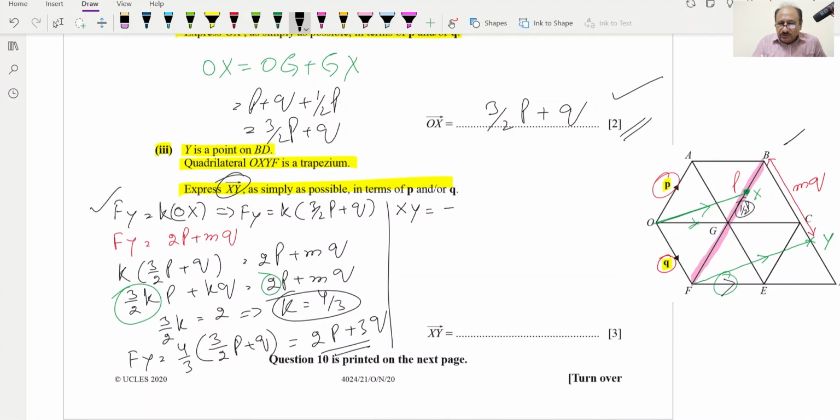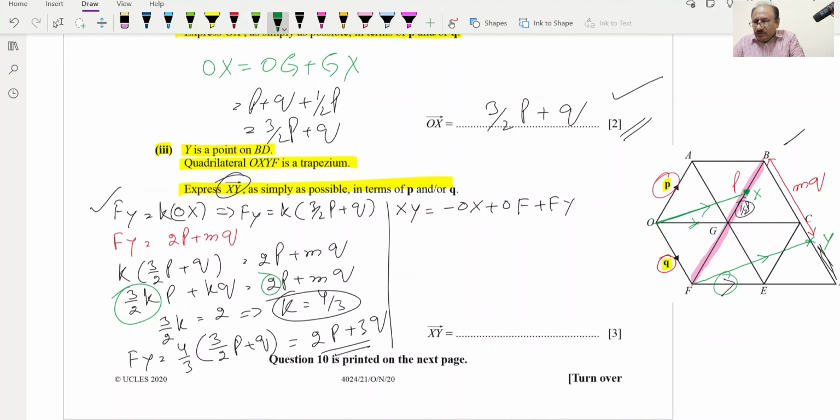Minus OX. If we take XY, XY will be this one. So minus OX plus OF and plus FY. So which route are we taking? OX is this one. If we join this, I'll explain to you.